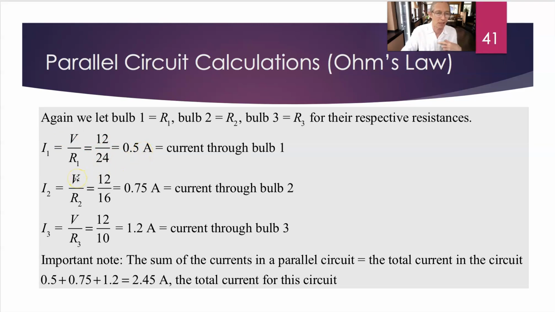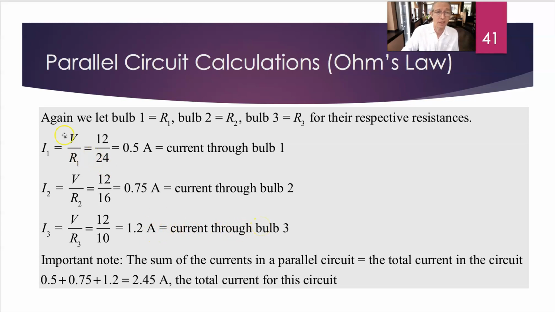Second bulb, we do the same thing, except now we're dividing the voltage by the second resistance, which is 16, and we have 0.75 amps going through bulb 2. Then our third bulb, R3, that resistance is 10, so our amperage there is 1.2 amps.